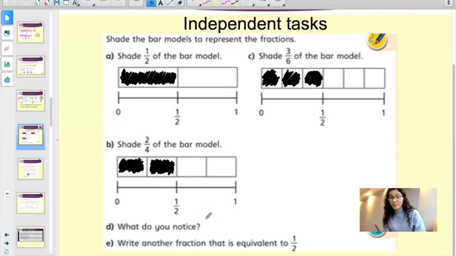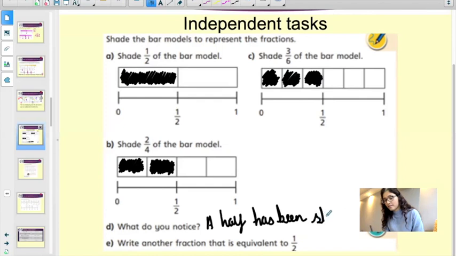Now, if I was to write what I notice, I would say that a half has been shaded in every time.